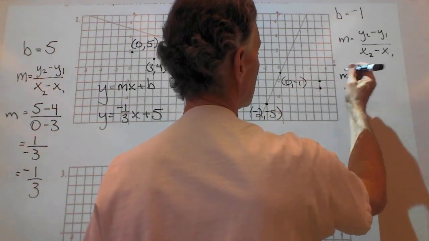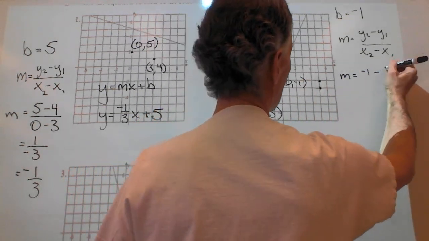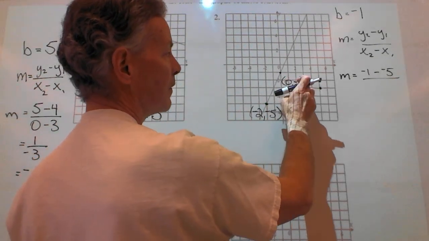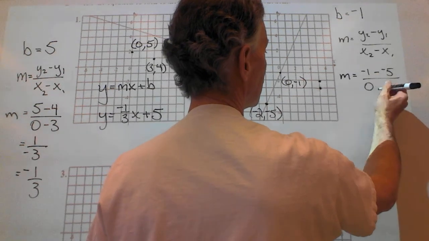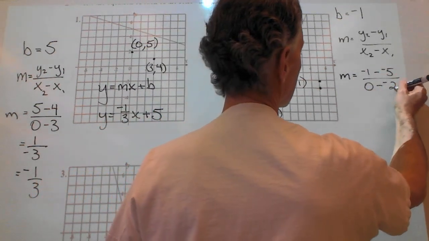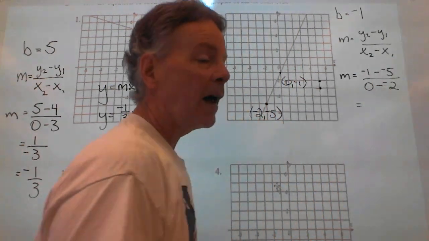So m equals y2 minus y1. My x's, if this is my y2, this has to be my x2. So 0 minus negative 2. Now remember, subtracting a negative is like adding.